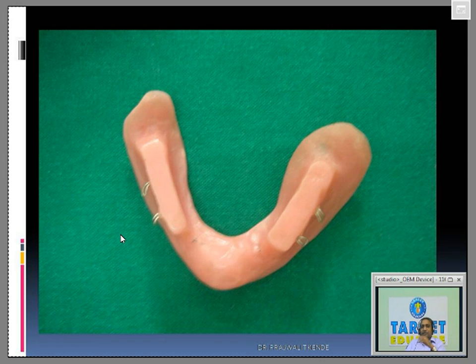Similarly, you can prepare a maxillary gunning splint. If the patient has a complete denture, you may remove the anterior teeth from canine to canine on the maxillary denture, and similarly on the mandibular denture, and you can place two hooks. You can see here there are two hooks made in the mandibular denture.